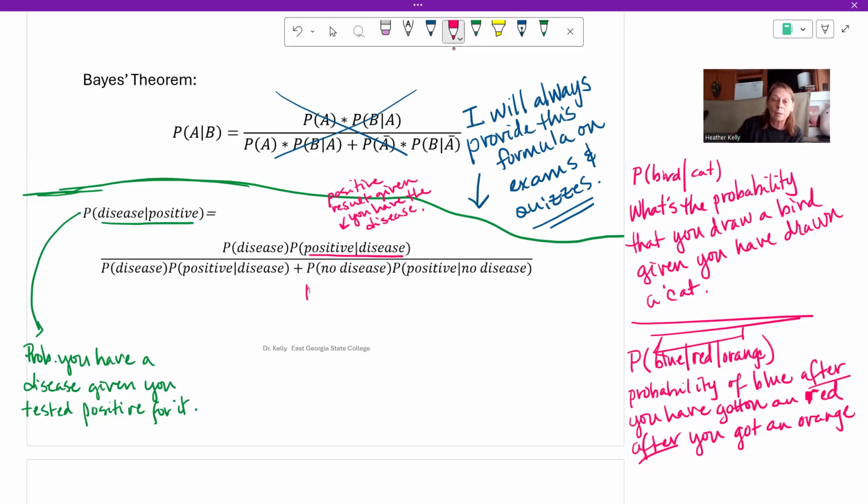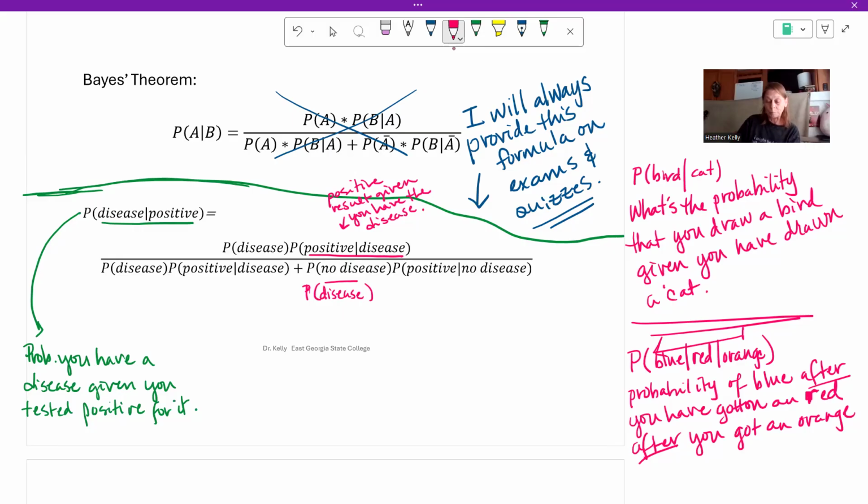So, by the way, that's the probability of disease bar, times the probability that you have a positive test given no disease.